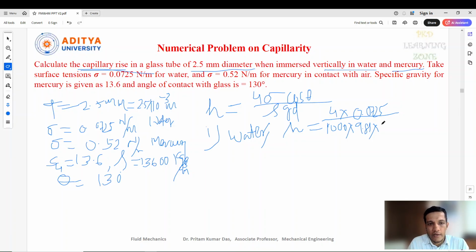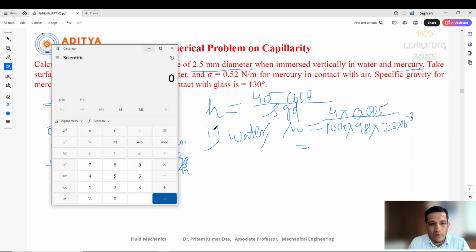So let's solve it. 4 into 0.0725 equal to 0.29, and divided by 2.5, and divided by 9.81.